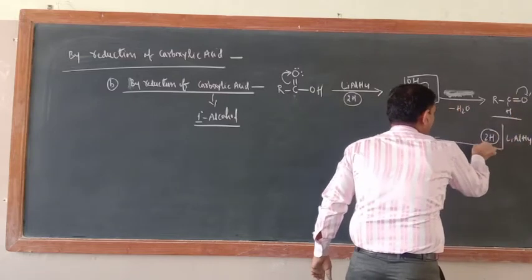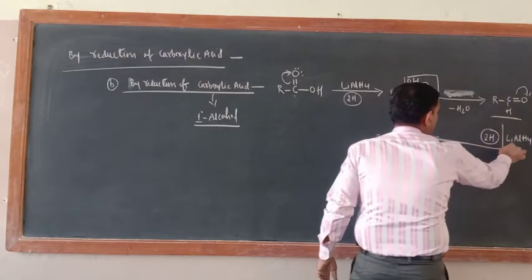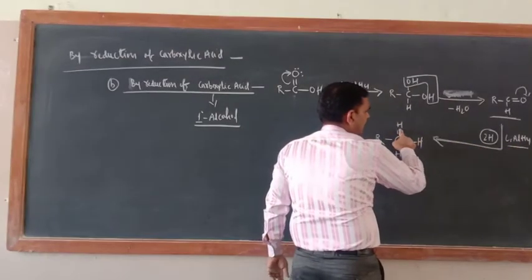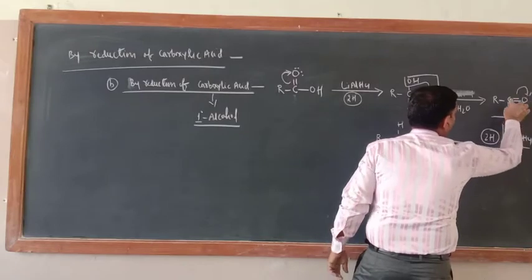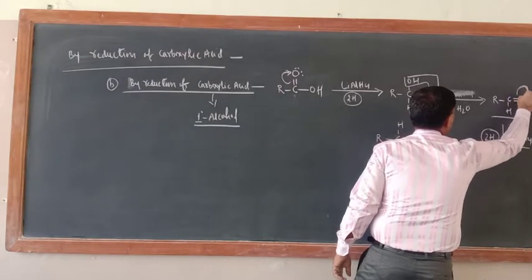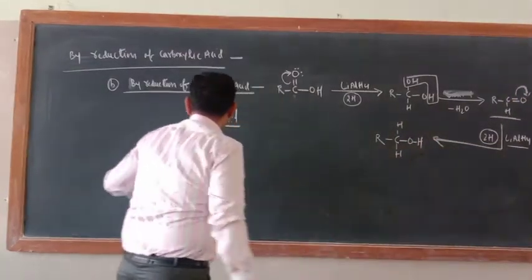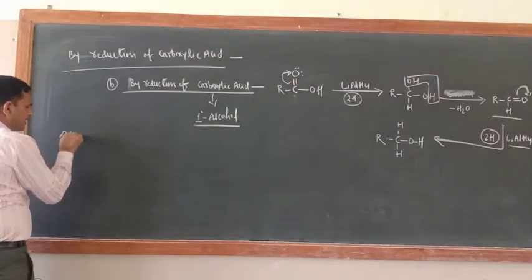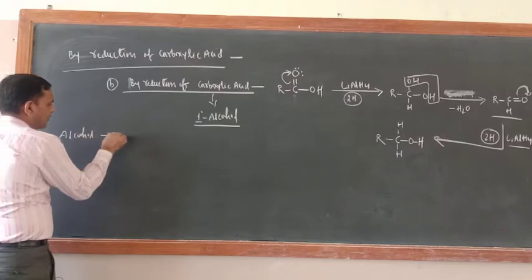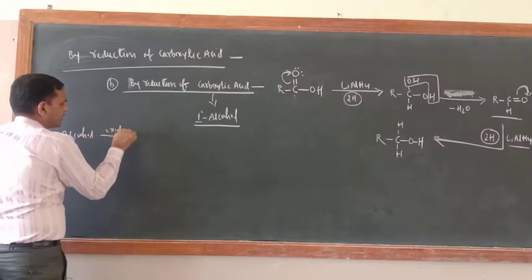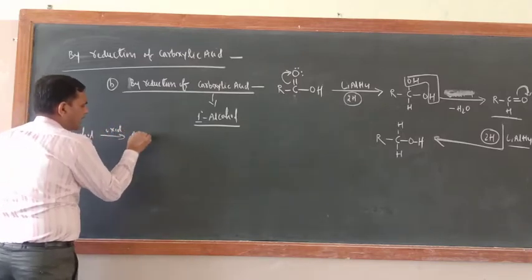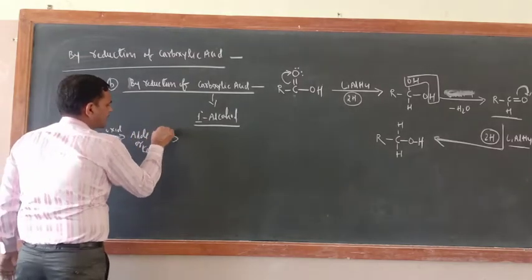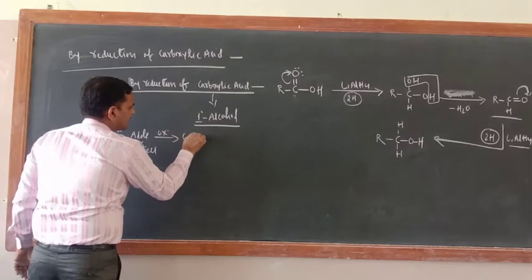This aldehyde will be further subjected to reduction. Then one H will be attached here and one H will be attached here. This bond will be shifted here. Just now I wrote: alcohol, oxidation, aldehyde or ketone, further oxidation, then carboxylic acid.